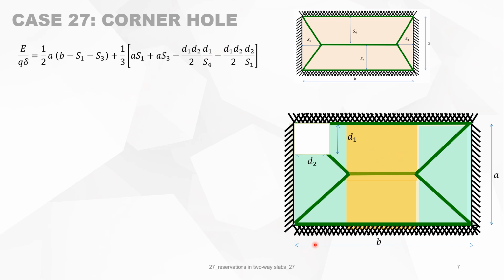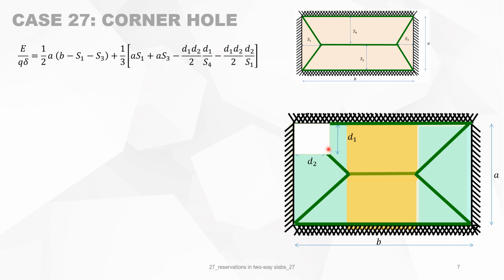Then we add up all the triangles, and we got from this side A times S3, on the other side A times S1, but there's a reservation in it, and we have to subtract it.